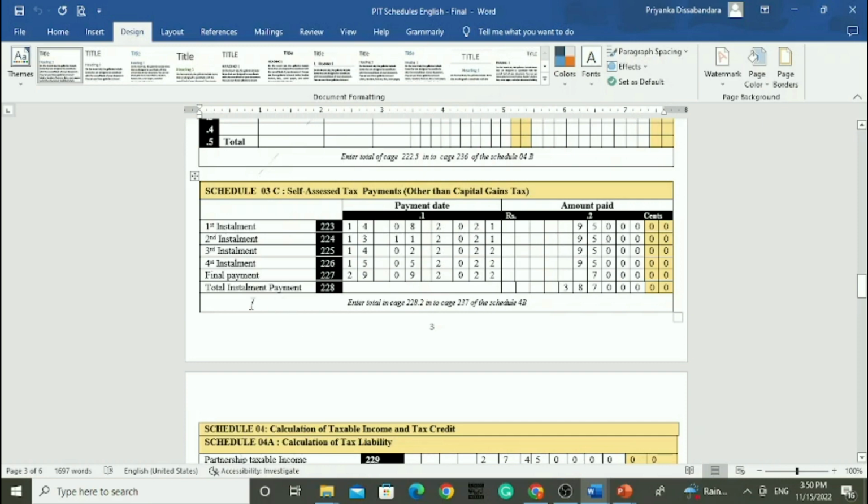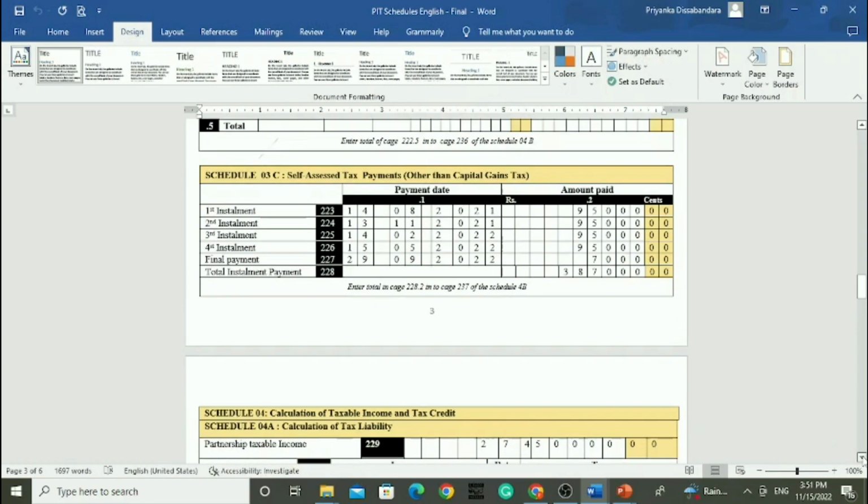Then for the final payment, they paid 7,000. Altogether, the partnership paid installment and final payments of rupees 387,000. We have to take that amount into page 237 of Schedule 4B to deduct tax credits.